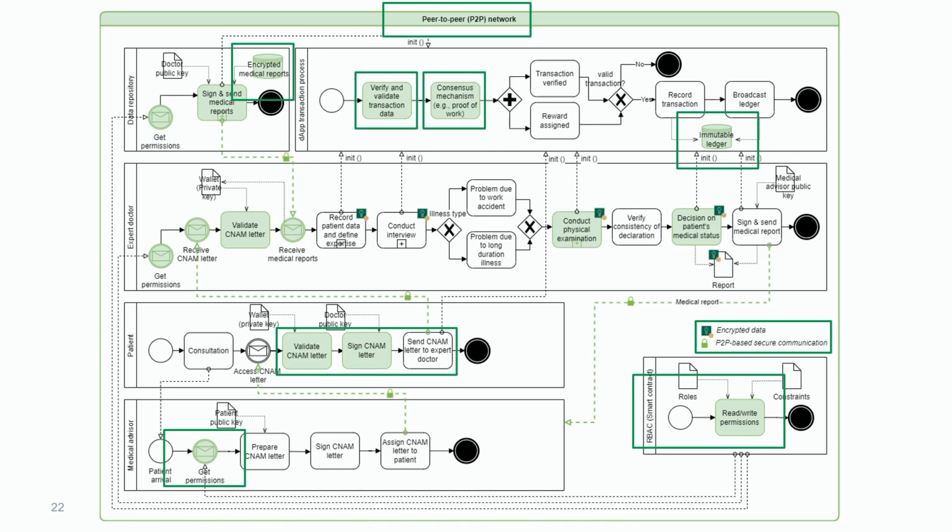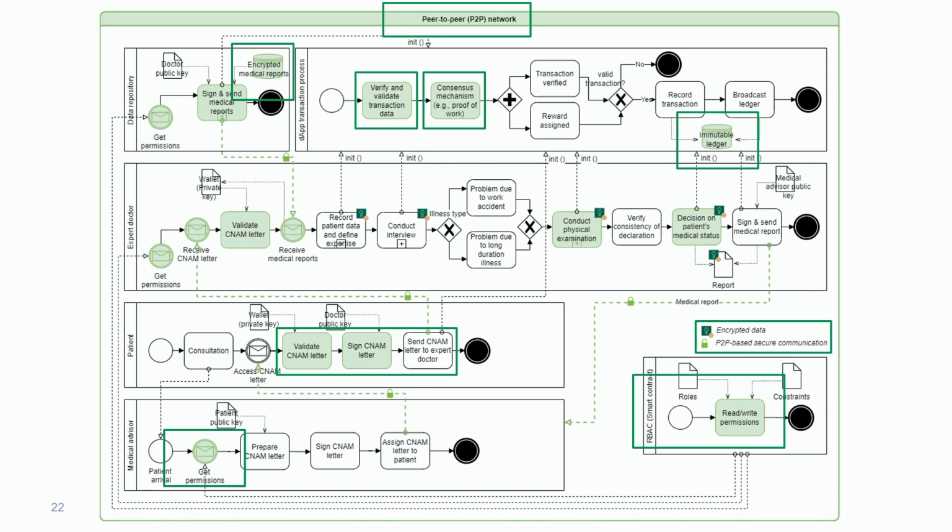I highlighted various sections on this blockchain-based application scenario, where different security controls provided by blockchain are implemented by design, mitigating the various security threats.